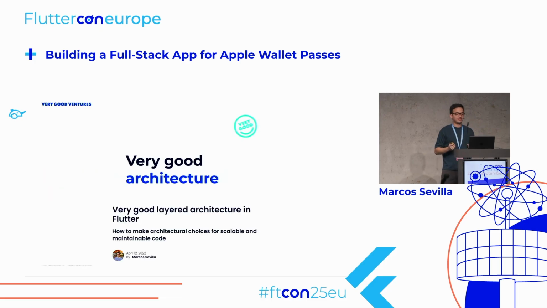So for the architecture, I'm also the author of this article. I don't know if you've read it, but if you want to know more about the architecture we use at VGV, you can totally check it out. It's more of explaining how we got to the architecture and why we use it.